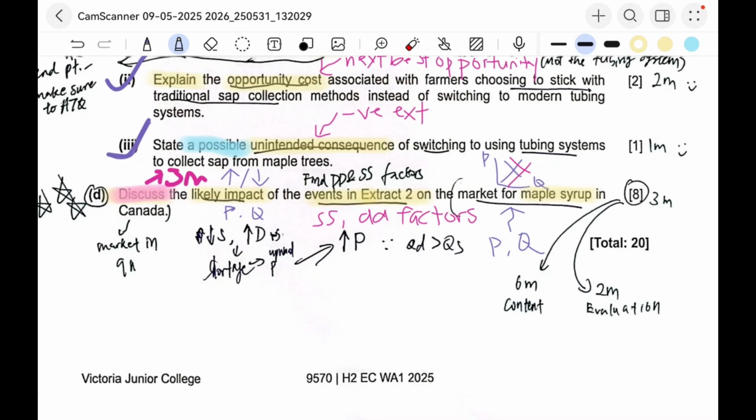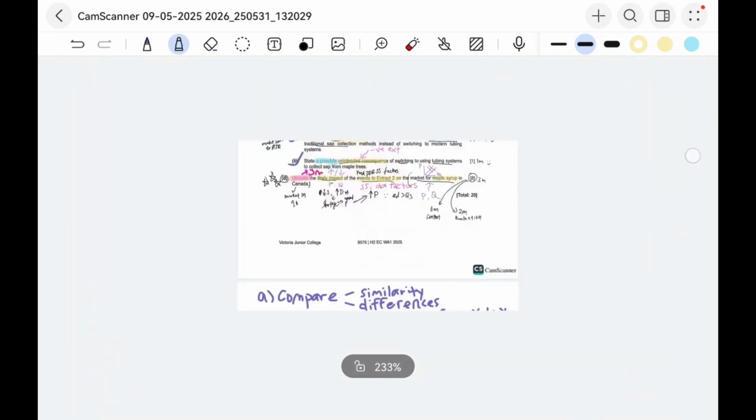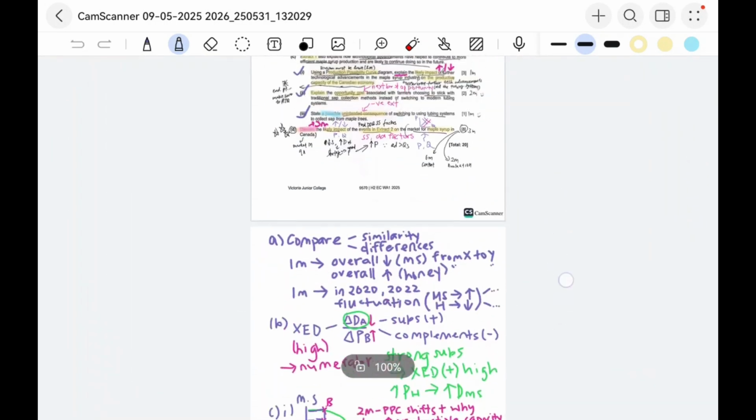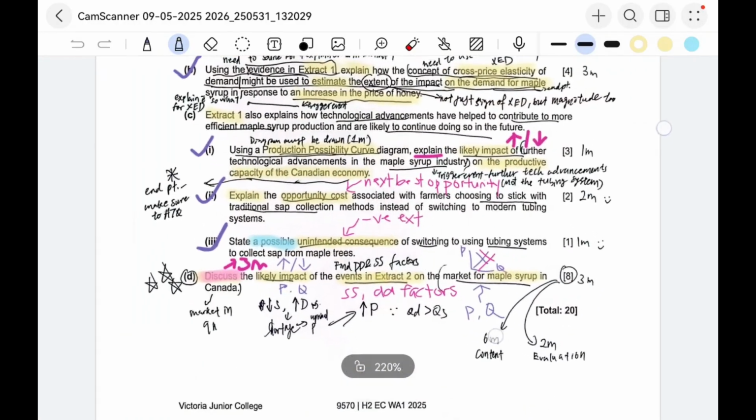Given it is an 8 mark question, it will mean both sides, demand and supply, are being impacted. So the important thing is to identify what direction the demand and supply change, because of what, and then what is the impact. Okay, so that is the structure for your part D.